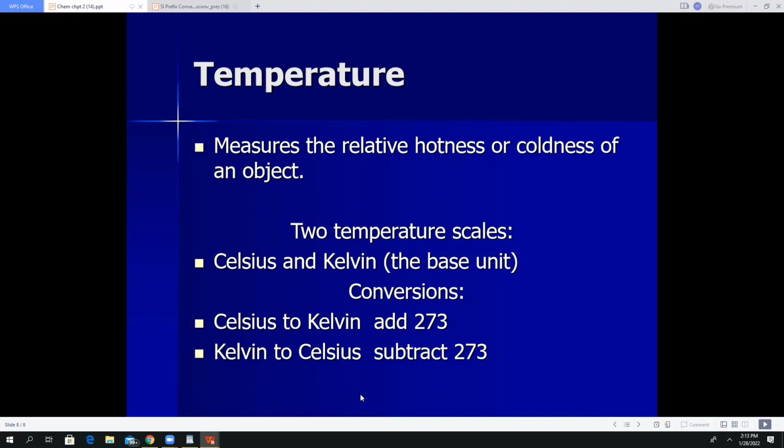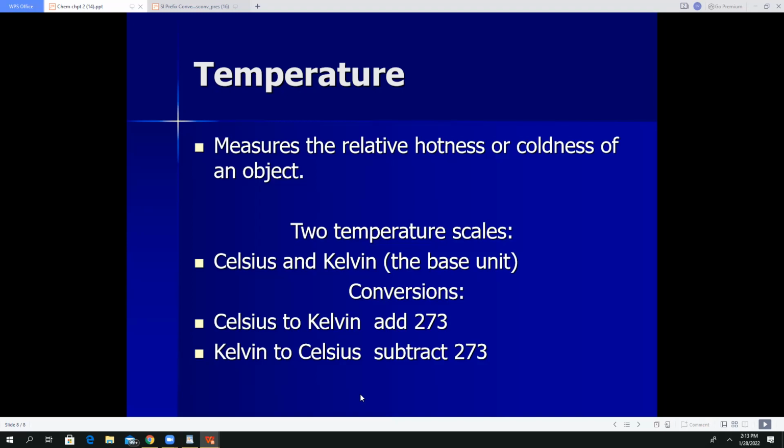It also sounds kind of, you know, not like a real definition, but temperature is also the average kinetic energy in a system, right? So if you have more kinetic energy, you have more temperature. If you have less kinetic energy, you have lower temperature, right? So higher temperature, lower temperature, all related to the movement of the particles.